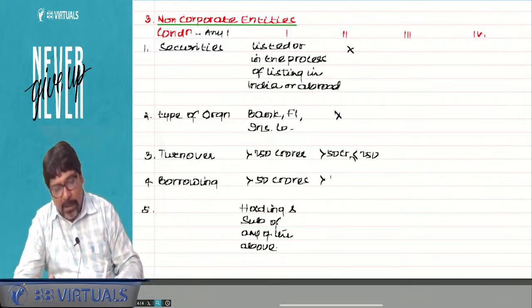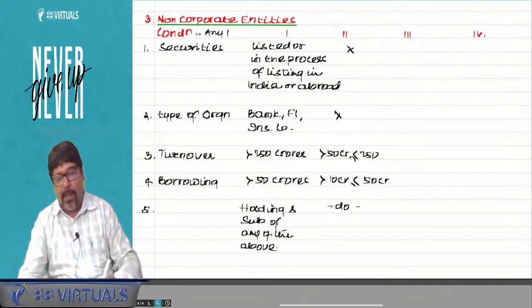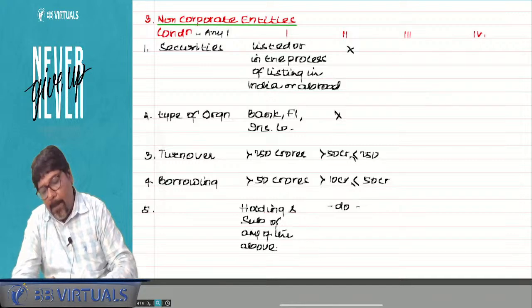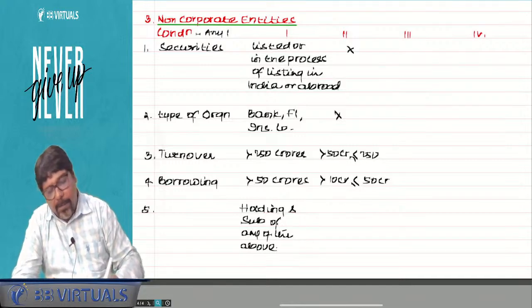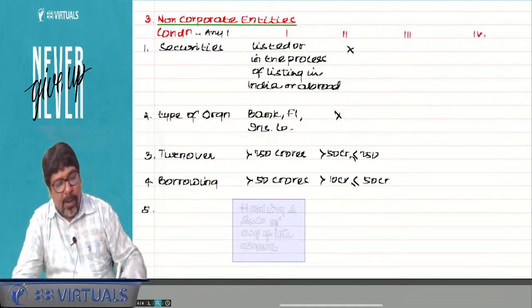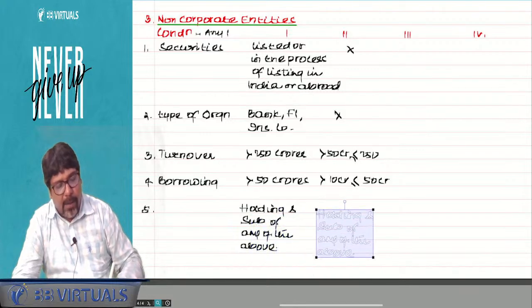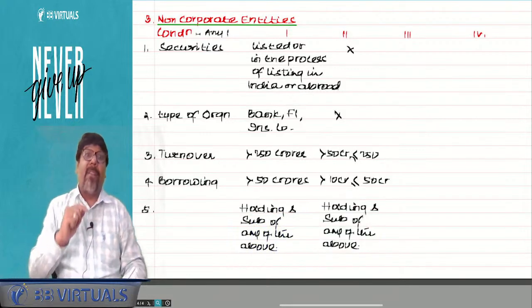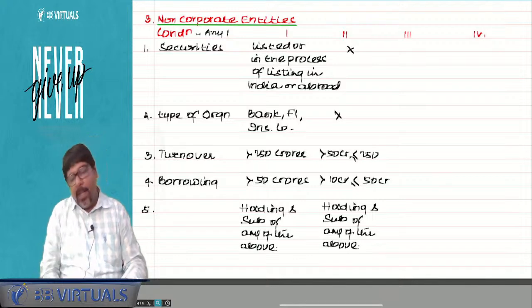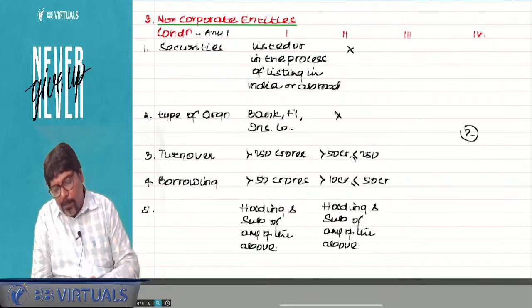Turnover greater than 10, borrowings less than 50 crores. This is do. Do means ditto mark, same point. Am I clear? Same point. Holding or subsidiary of any of the above. So if you are level 2, your holding and subsidiary by default will be considered level 2. So suppose you are level 2. Okay.